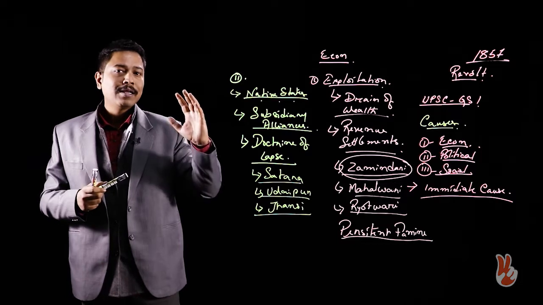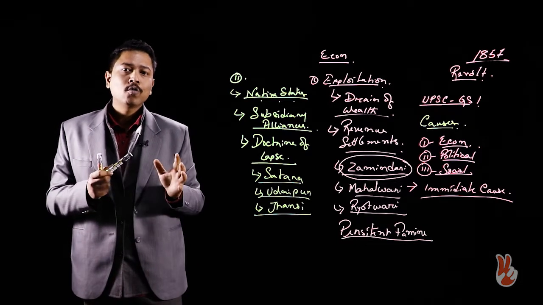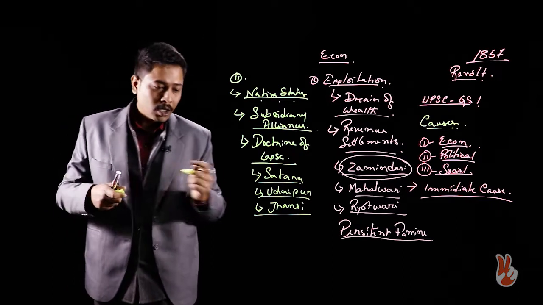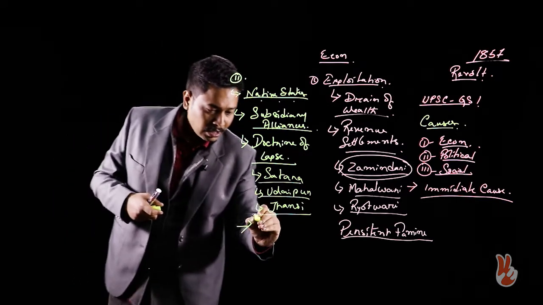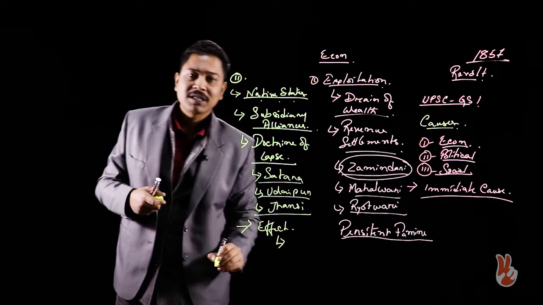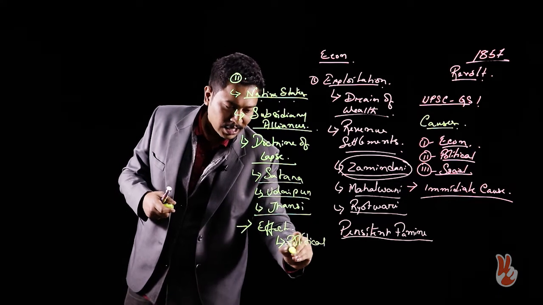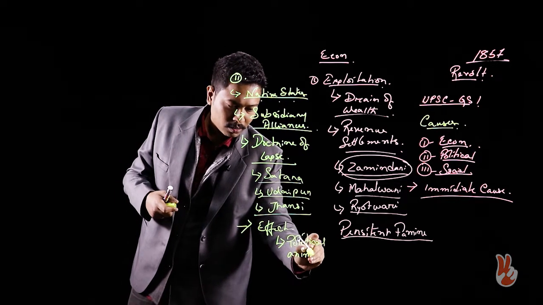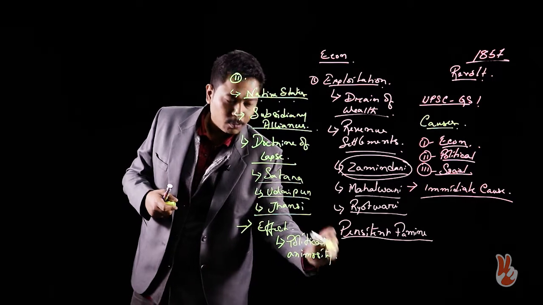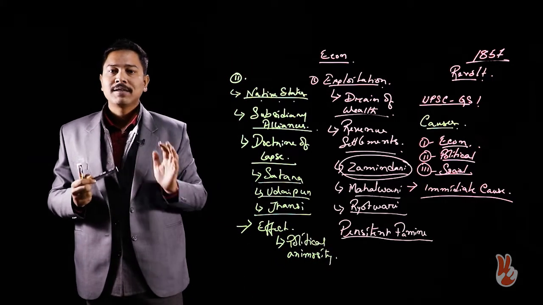All right, and this was of course bound to cause a recalcitrant effect. Effect was that of political animosity between the native states and the British East India Company state in India.